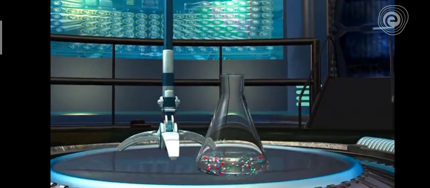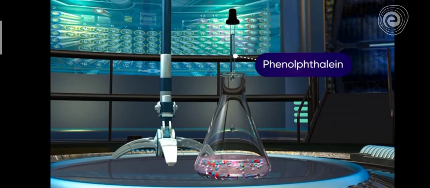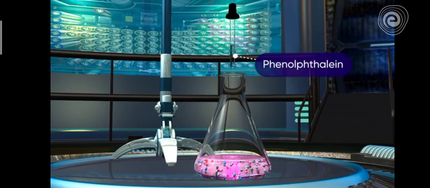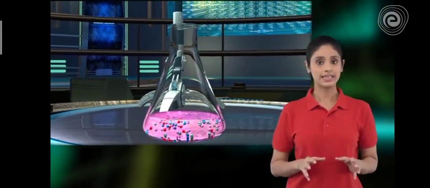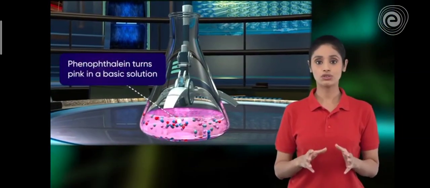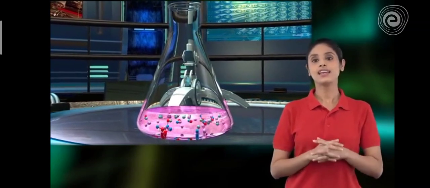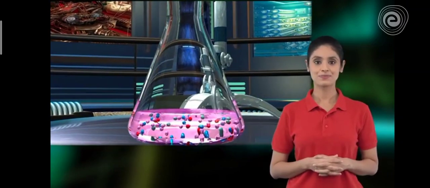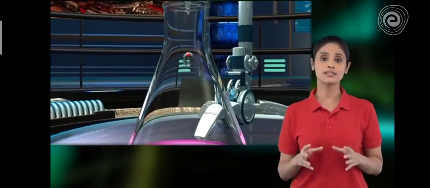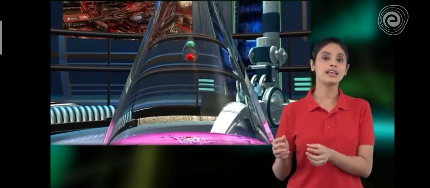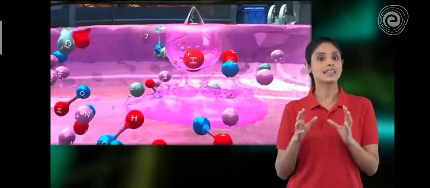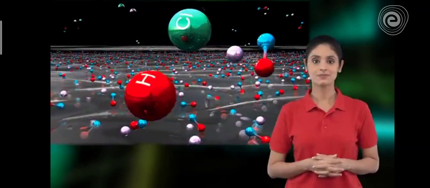Before starting the procedure, 2 to 3 drops of an indicator such as phenolphthalein are added to the solution in the flask. Phenolphthalein turns pink in a basic solution like that of NaOH. Hence, the color of the solution in the conical flask turns pink. As soon as we start adding HCl from the burette into the NaOH solution, the chemical reaction starts.